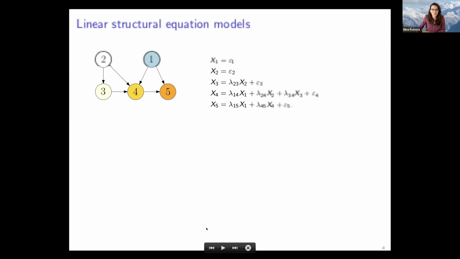And so in the linear case, again, every variable is a linear function of its direct causes plus the noise. So for example, x4 here is a linear function of x1, x2, x3, and epsilon4, and the epsilons are independent. That's because we're assuming there are no unobserved confounders at the moment. And here these lambdas are the coefficients.